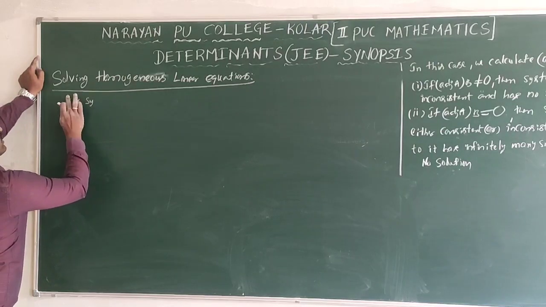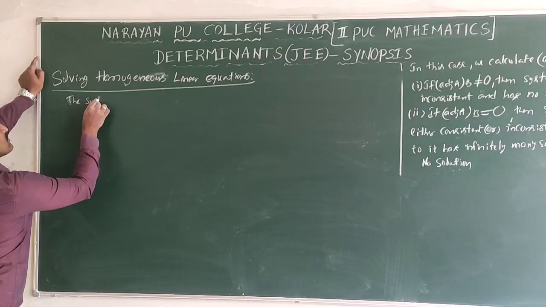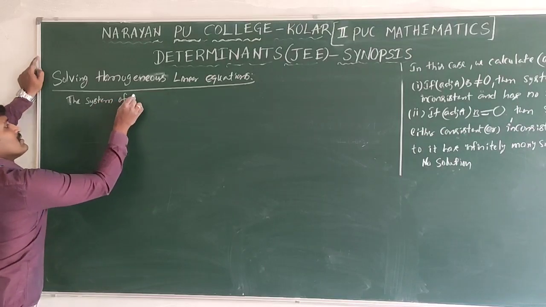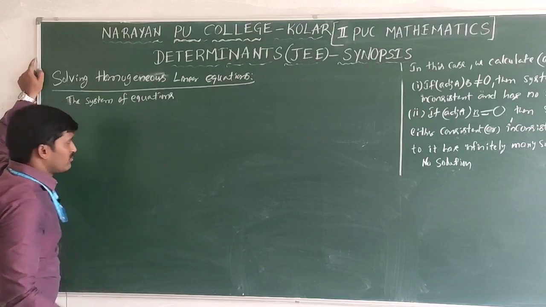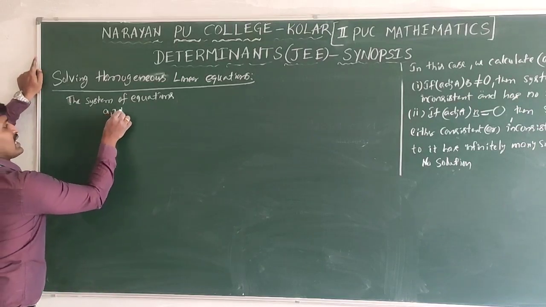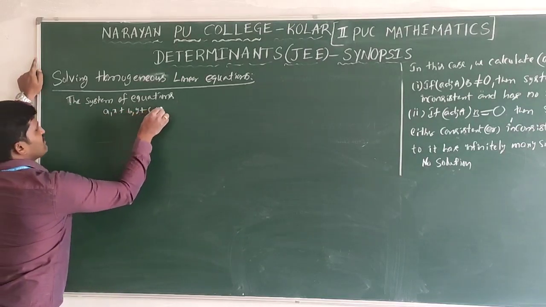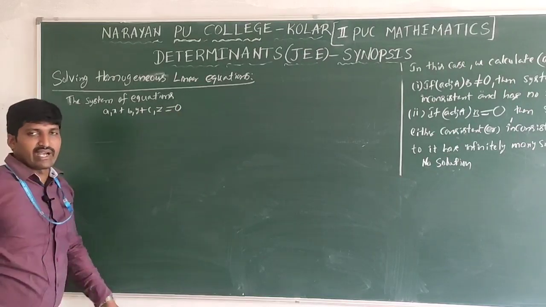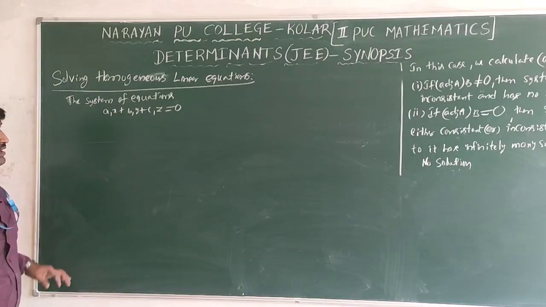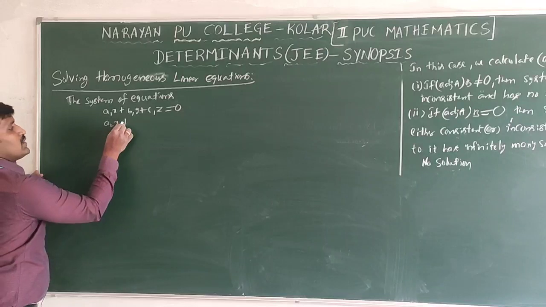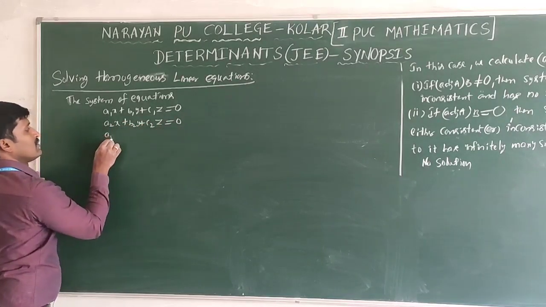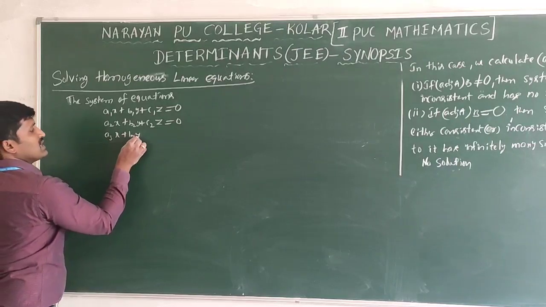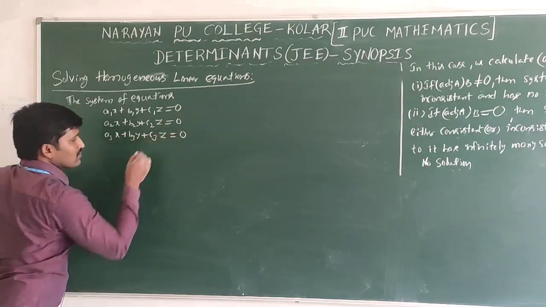The system of equations in the form a1x plus b1y plus c1z equal to 0. Right side values will always be 0. a2x plus b2y plus c2z equal to 0. a3x plus b3y plus c3z equal to 0.